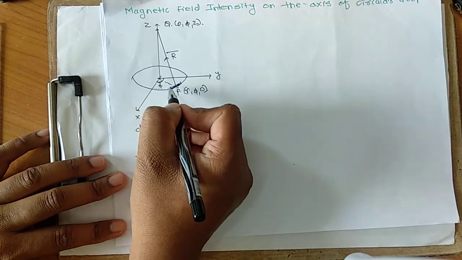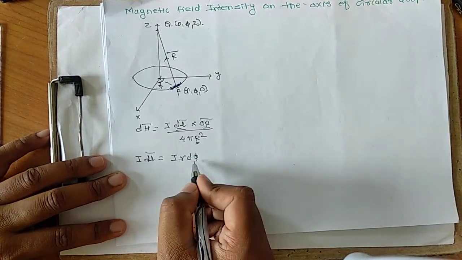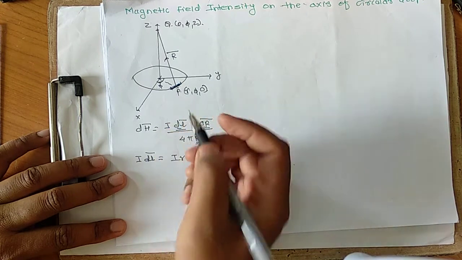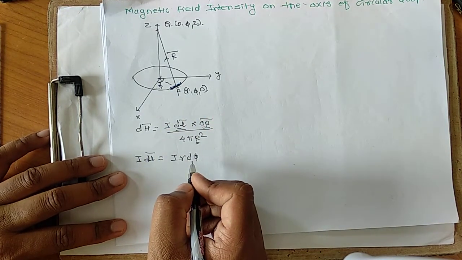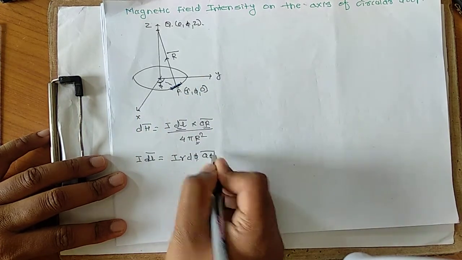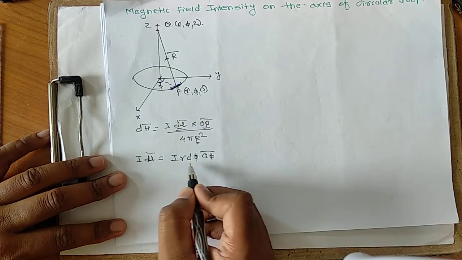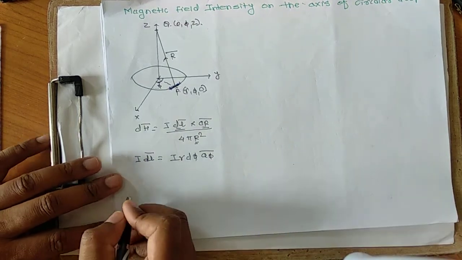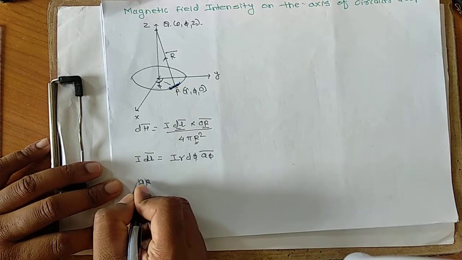If it is moving in the direction of a r, you write dr. But here it is moving in the direction of a phi, so it should be r d phi. That is the change. And what is the unit vector? It is moving in the direction of a phi bar, because this is a vector quantity, so we write I r d phi a phi bar. Now what is next? That is aR bar, which we have to calculate.